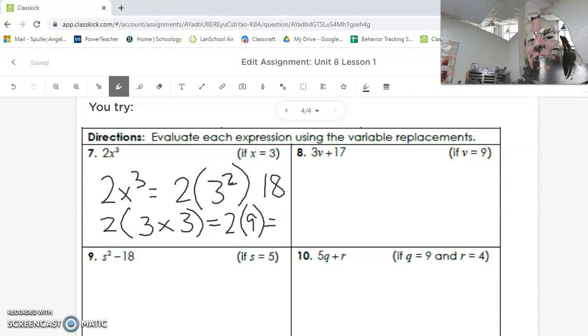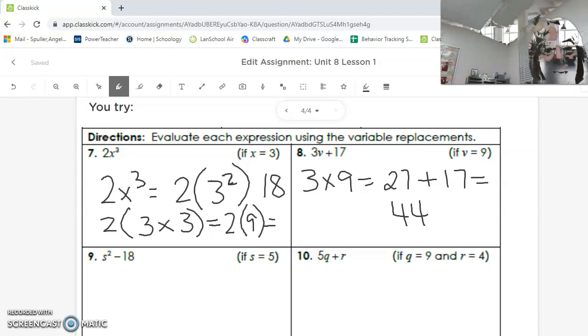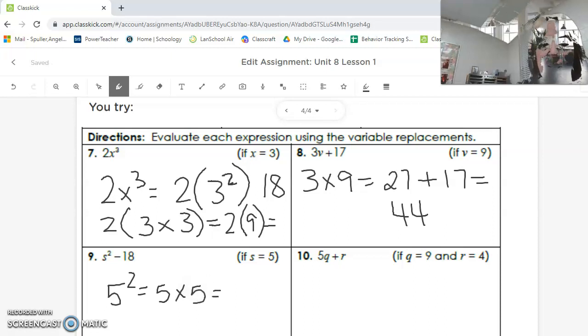Okay, for the next one, you should have said 3 times 9 equals 27, and then added the 7, because multiplication comes before addition. So that's going to get me 44. Okay, 5 squared is 5 times 5, which is equal to 25.